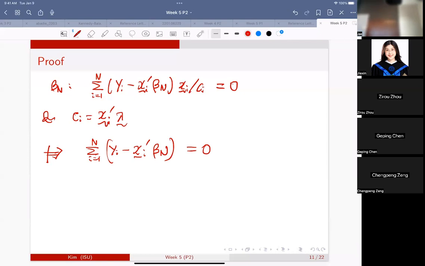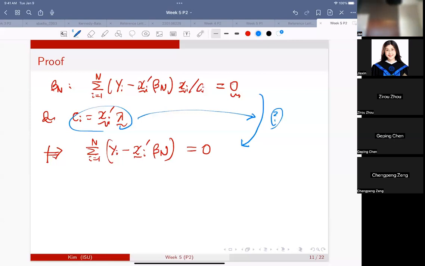First of all, to be rigorous, we should clearly see that this is actually a vector equation, so zero should be a vector of zeros. So how do we show this, from here to here, using this?